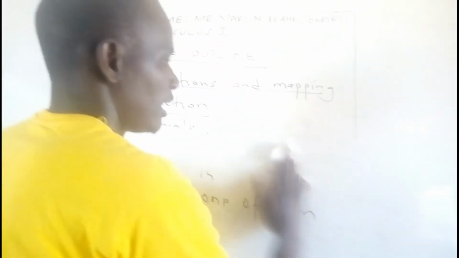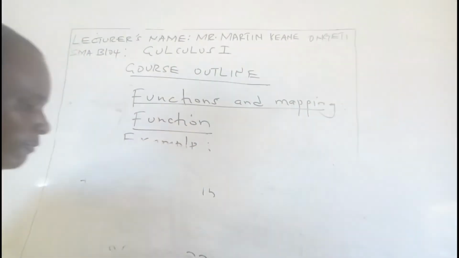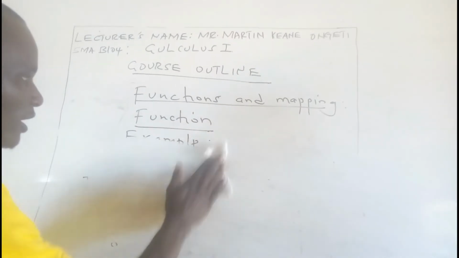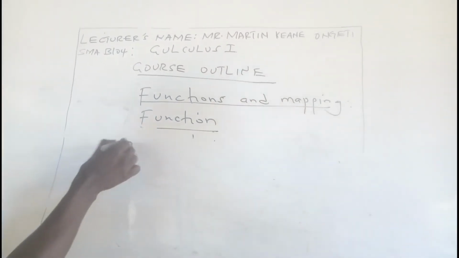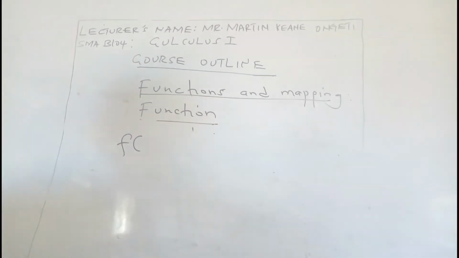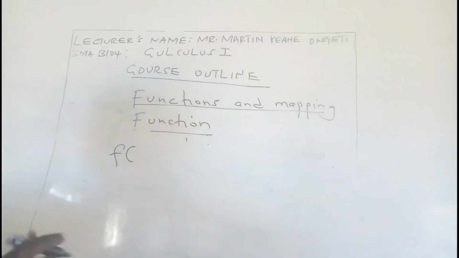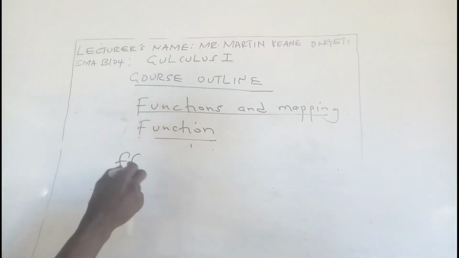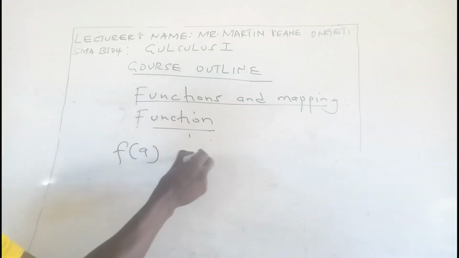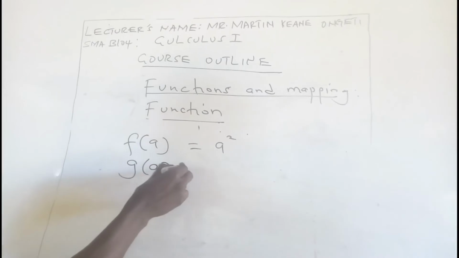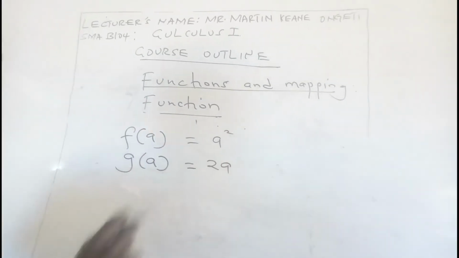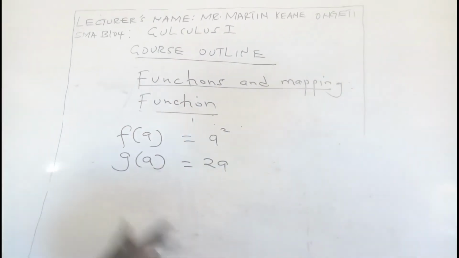Then we can look at other values of x. Let's say x is a: f of a gives us a squared, and g of a will be 2a, meaning 2 times a.